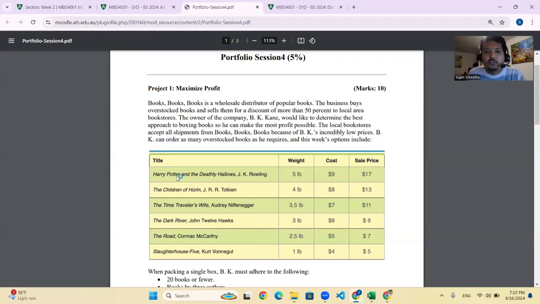In the table, I can see Harry Potter and the Deathly Hallows by J.K. Rowling, which weighs 5 pounds, costs $9, and has a sale price of $17.